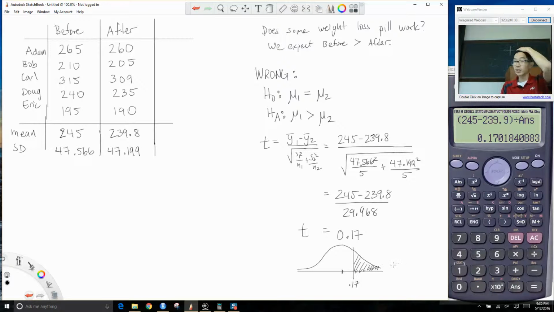I can go to the t table, and with 8 degrees of freedom, the very first value I see is 0.889, and then the next value is 1.397, and this is from our t table.